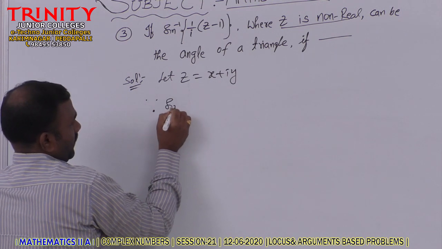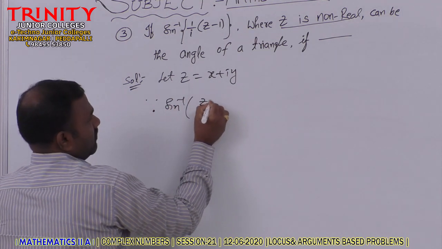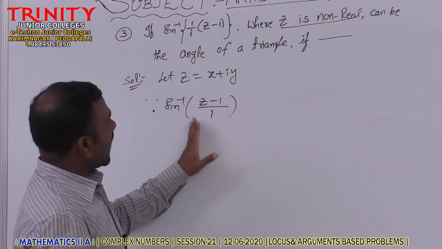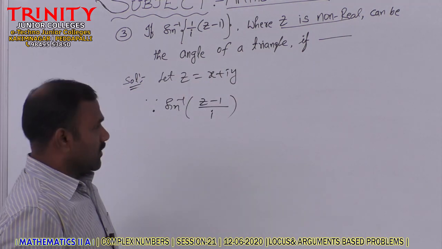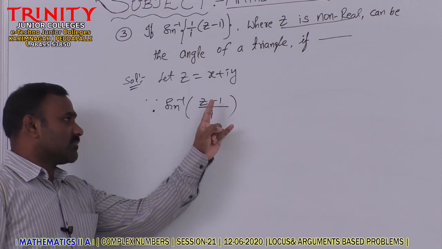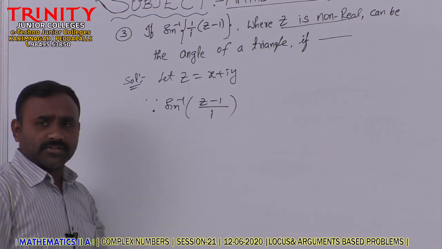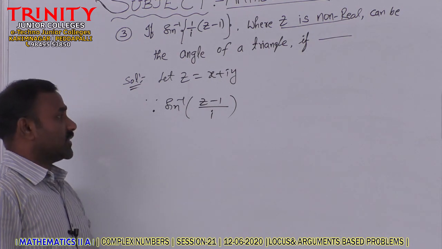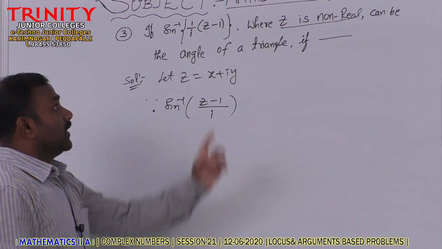Since sine inverse of (z minus 1) by i should become the angle of a triangle, before going to define it, we have to discuss one point here and observe one thing. That is a very, very important point.